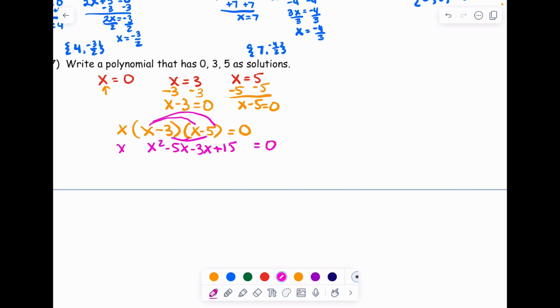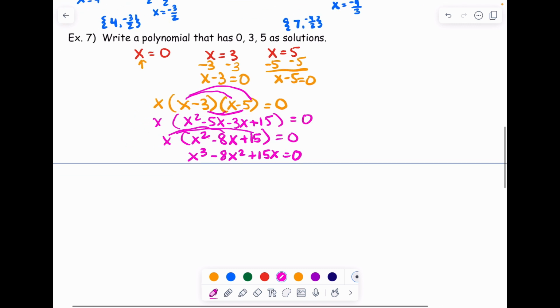And that's still times x, but I'm going to simplify this a little bit. So we have x squared minus 8x plus 15 equals 0. And then lastly, I'm going to take that x all the way through. So x cubed minus 8x squared plus 15x is equal to 0.